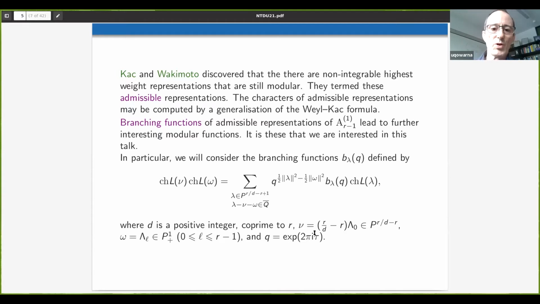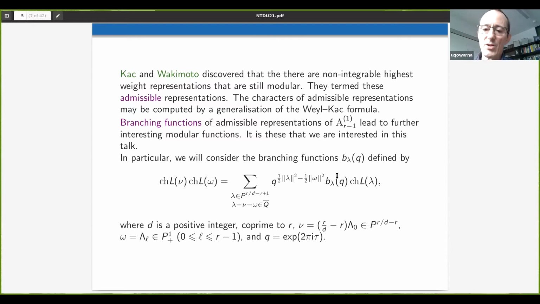So what are those? Well, I do it at the level of the characters, but you take tensor products of irreducible representations, but now these representations no longer have to be integrable, or at least one of them can be admissible. You expand this in terms of, again, characters, and then up to some powers of q that we don't care about, where q is e to the power 2 pi i tau, I should say, you get some functions, these coefficients here, and they're known as branching functions.